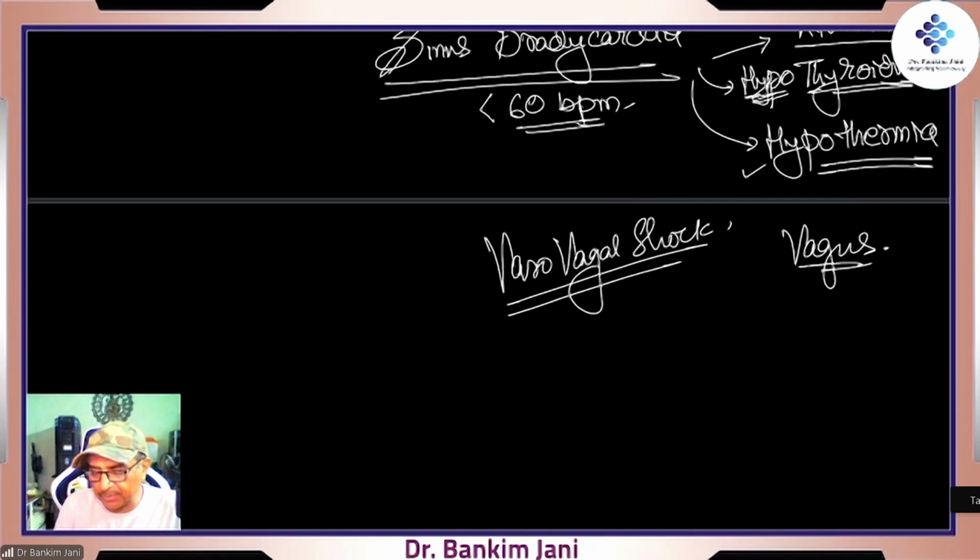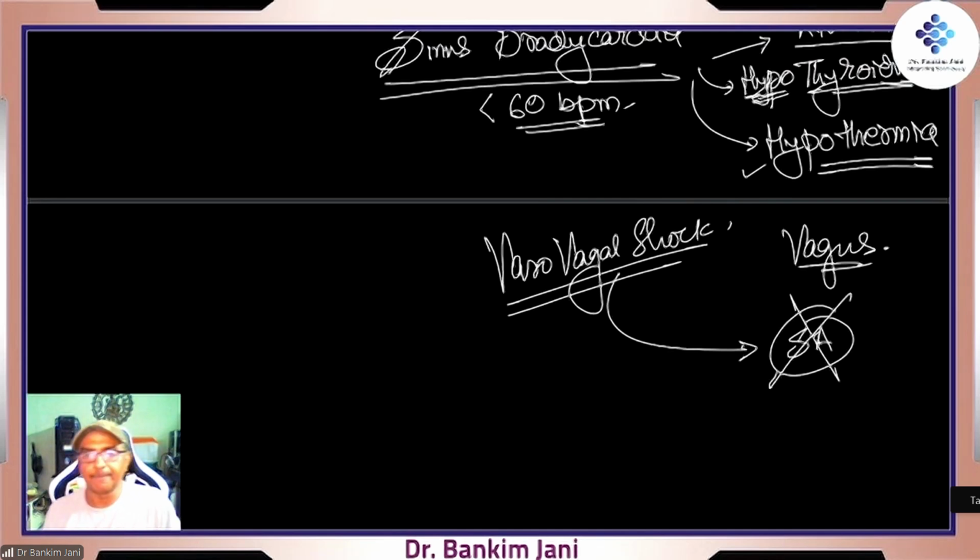So vagus will send such a strong stimulus to the SA node that the SA node stops. SA node stops, right? And that is what is called the vasovagal shock. Heart suddenly stops. The smaller version of it is that cold shower, when you put your hand in first water which falls.